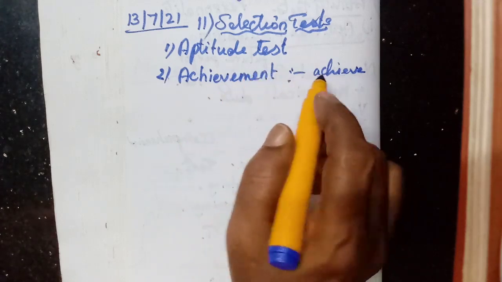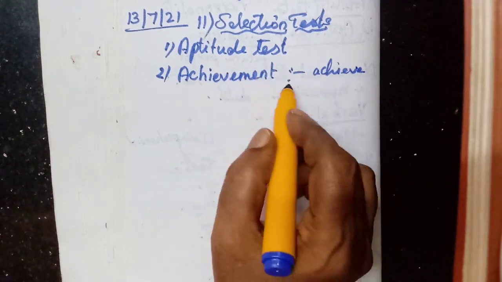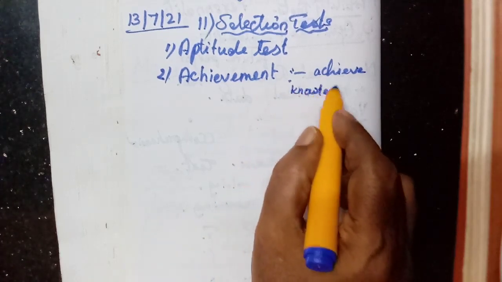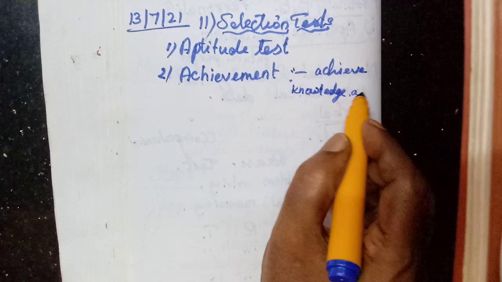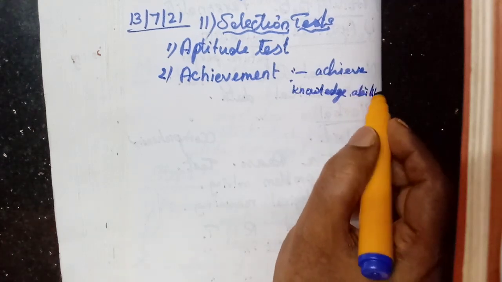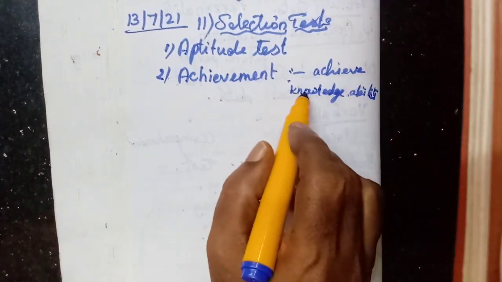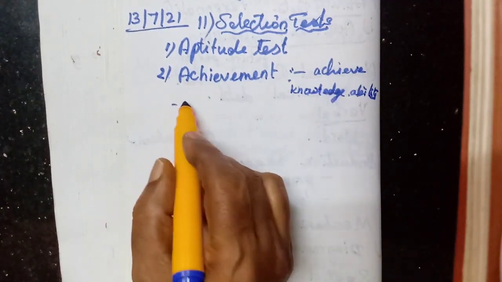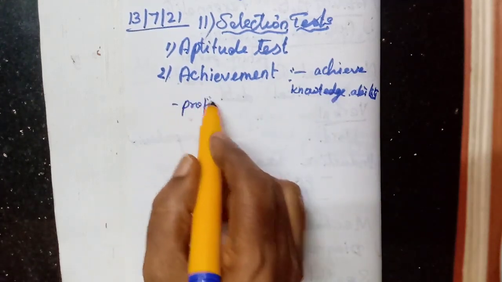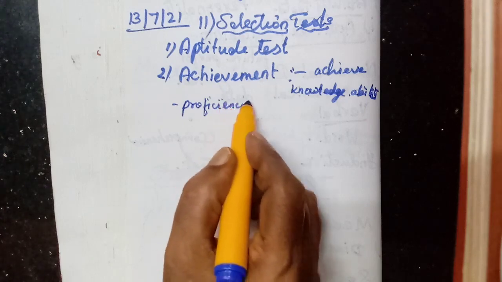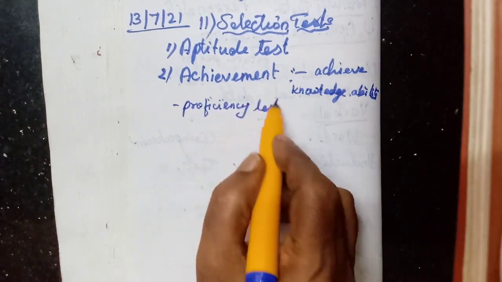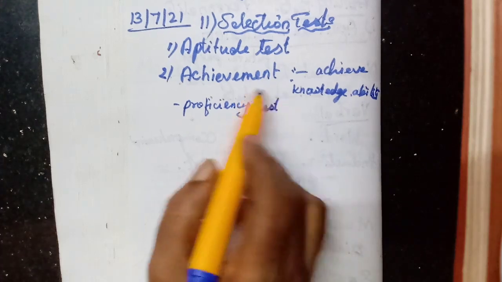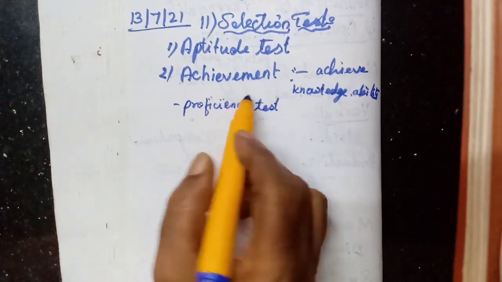That means how much knowledge he has, how much is his ability to achieve the given job, that will be tested. So this achievement test is also called proficiency test. The proficiency will be tested by this achievement test.